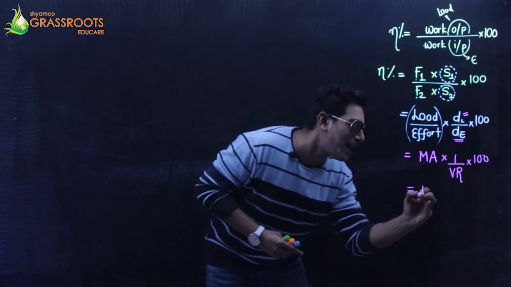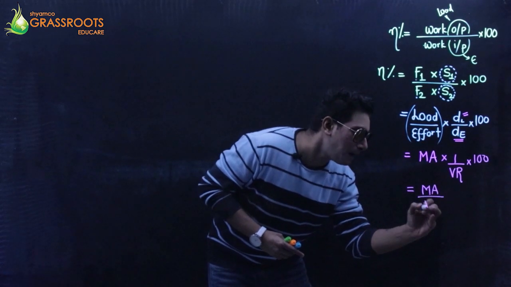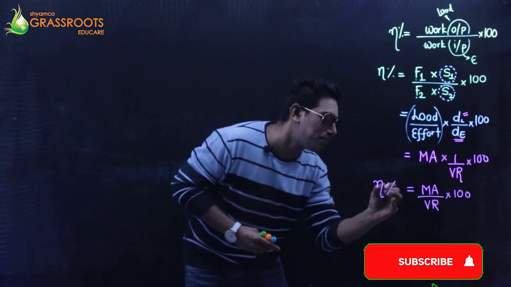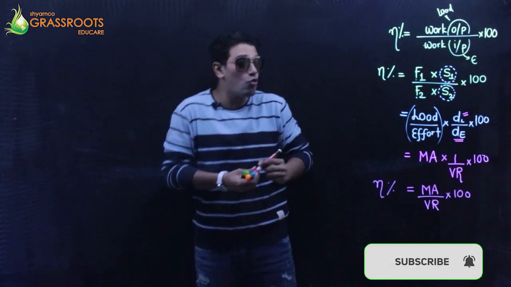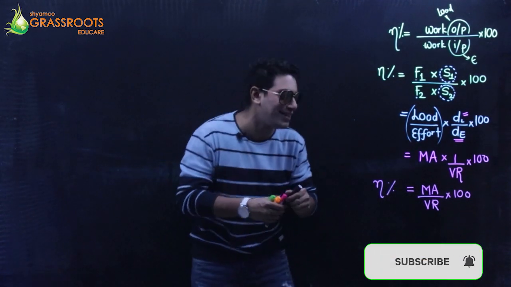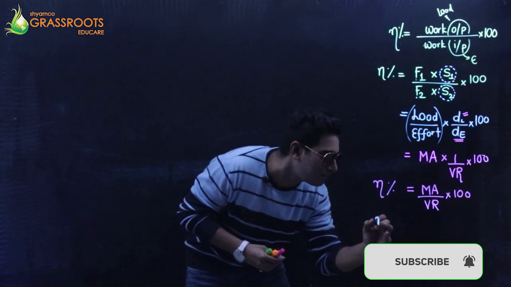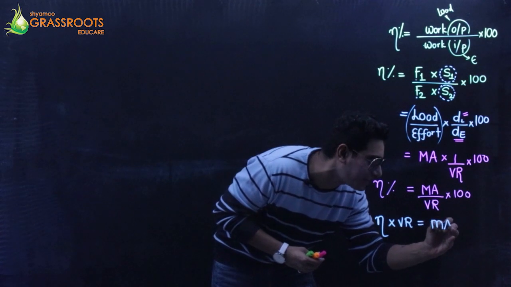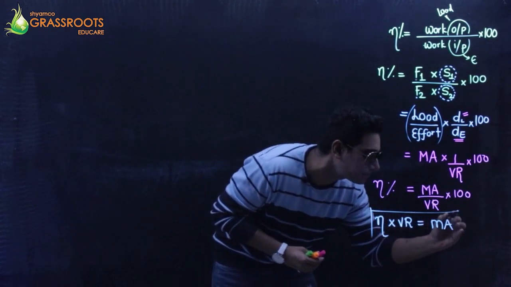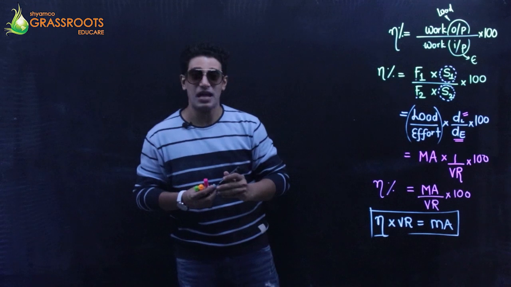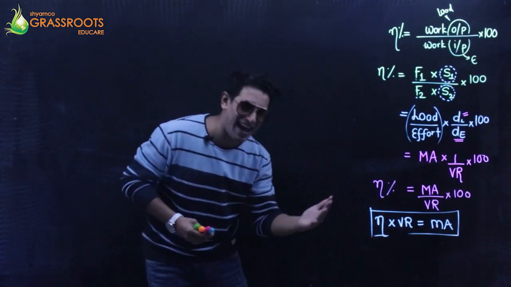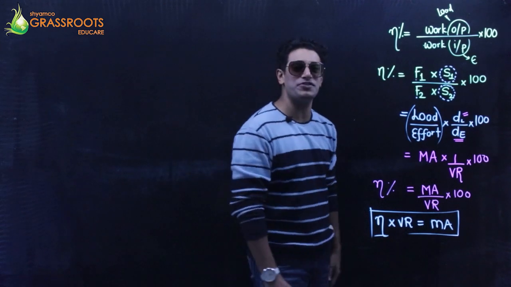So there you go, guys. MA upon VR into 100 is efficiency percent. Now, if you remove the percent and cross multiply, efficiency into velocity ratio is the mechanical advantage. Guys, I can claim that mechanical advantage is directly proportional to the velocity ratio.